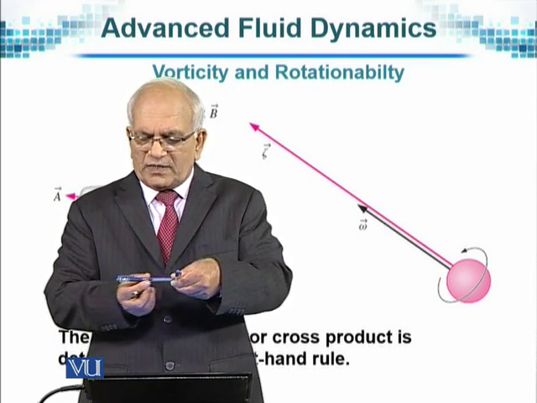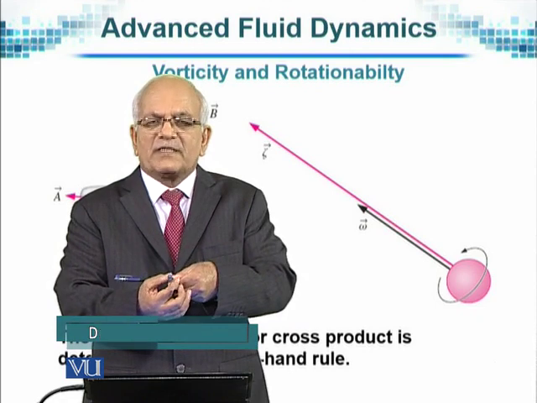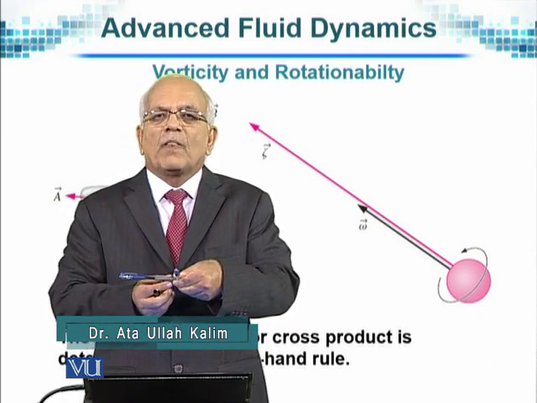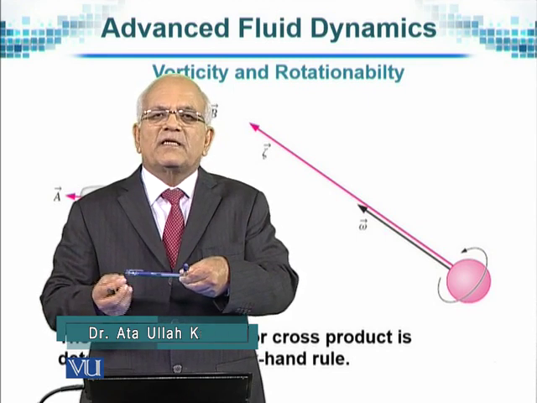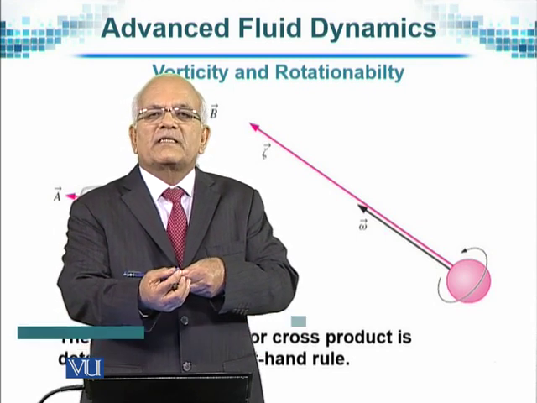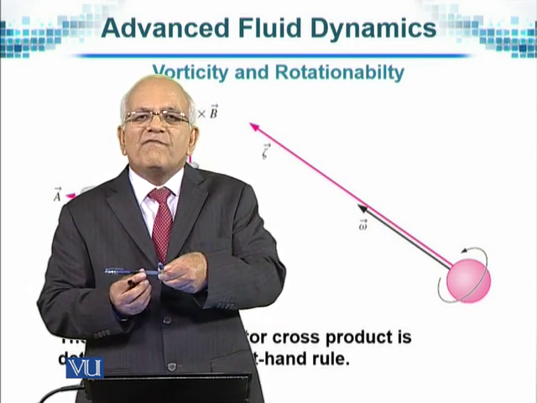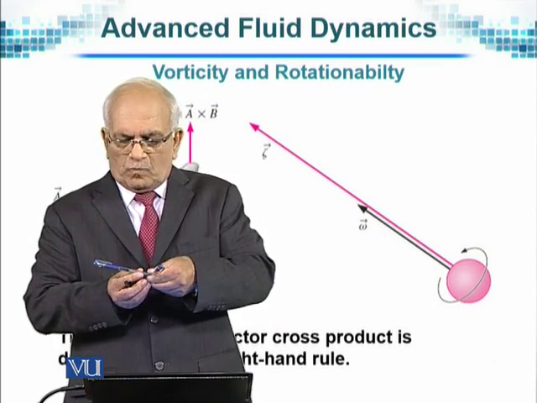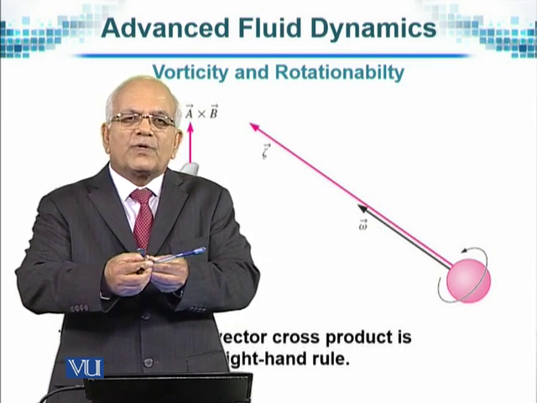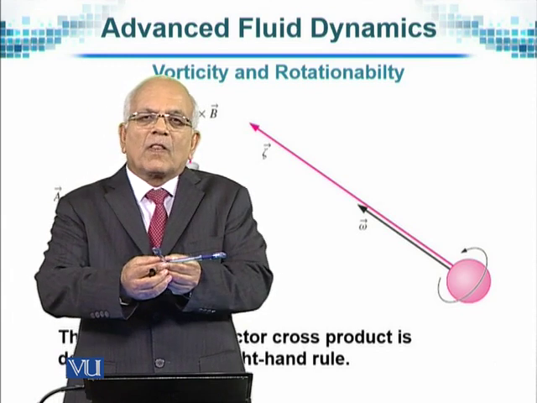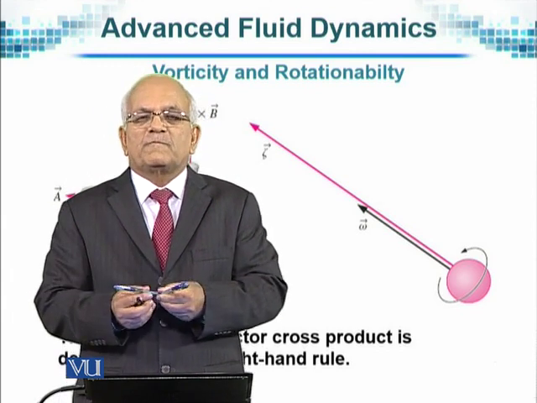And there is a vector A in the x direction, and a vector B acting in the y direction. And if we are trying to rotate it, then what will be the direction of the resultant vector?